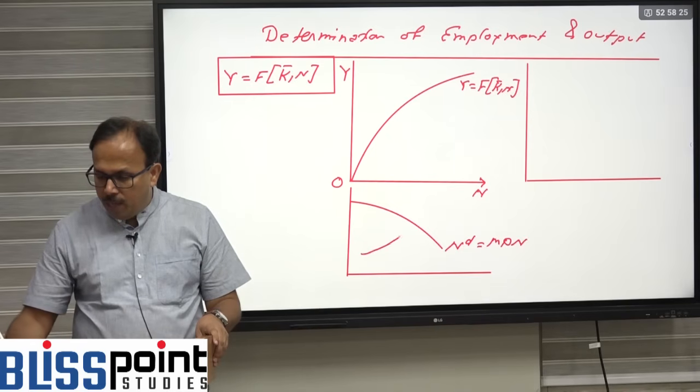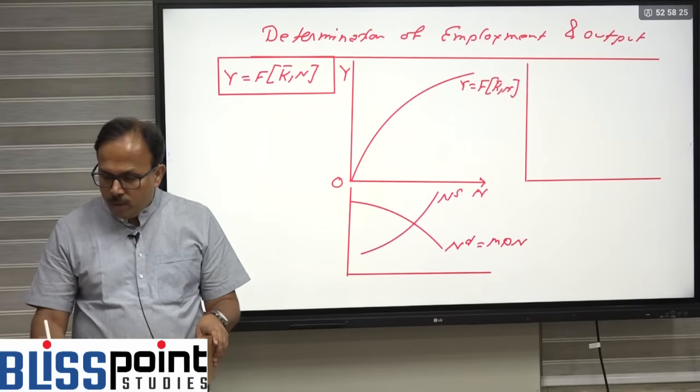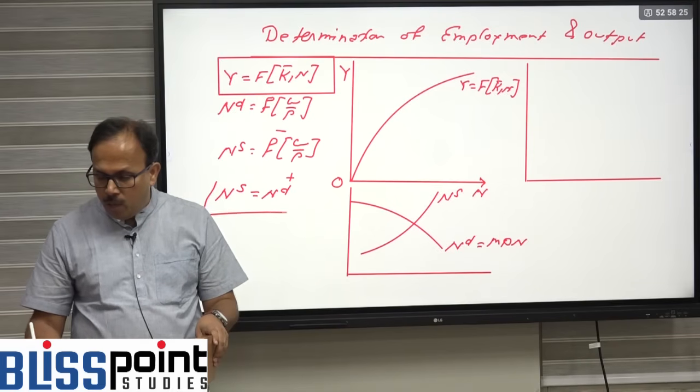And then we have derived the labor supply, positive slope. Labor demand is a function of W by P but negative. Labor supply is also a function of W by P but it is positive. And we are studying the classical labor market, which requires that labor supply is always equal to labor demand.